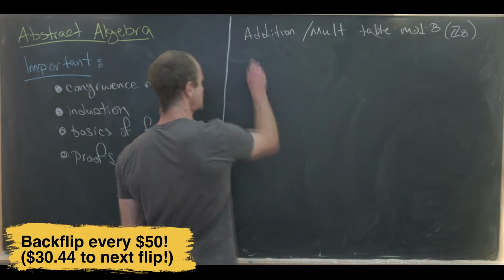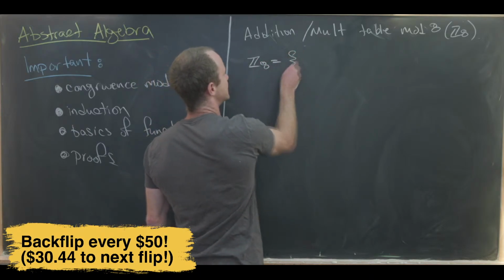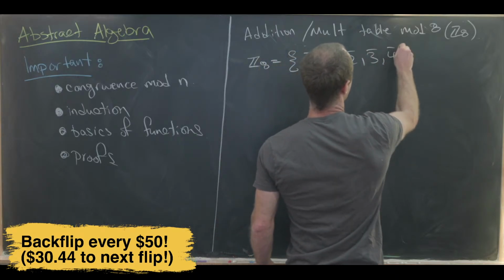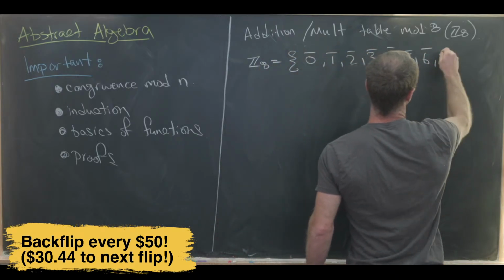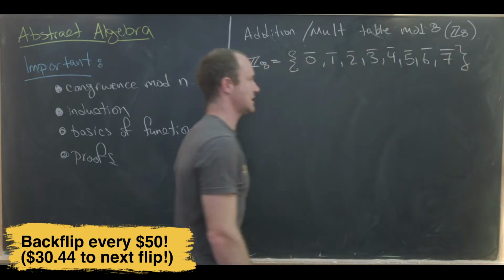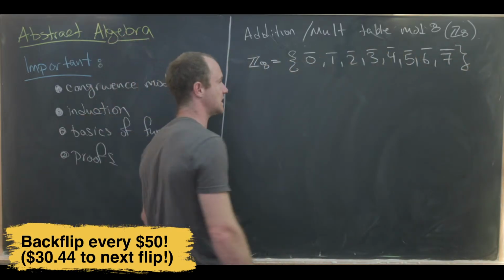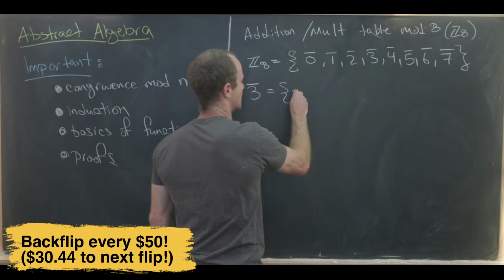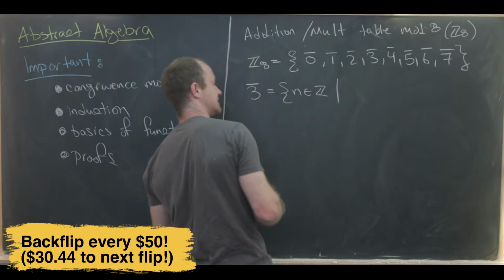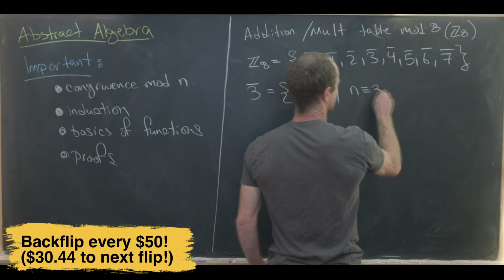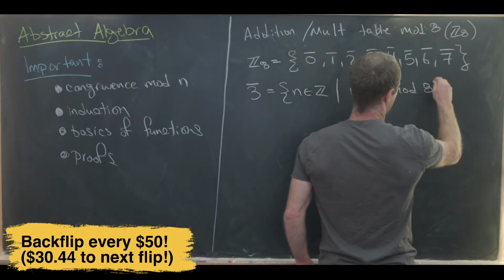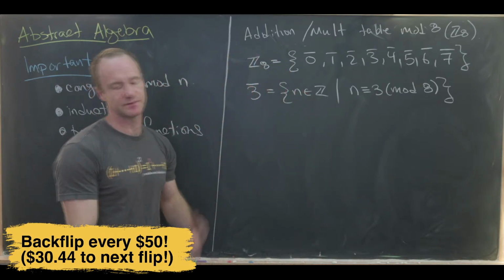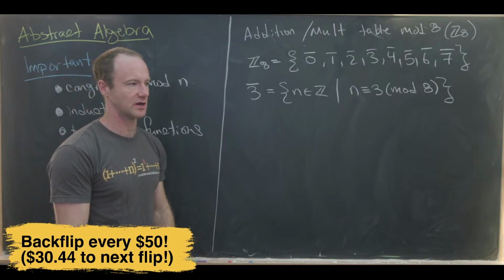They're not that hard. Okay, so let's recall that Z8 is equal to 0, 1, 2, 3, 4, 5, 6, 7. I put bars over all of them because by bar, I really mean the equivalence class. So, for example, 3 bar is going to be all integers n such that n is congruent to 3 modulo 8. This is standard notation for the Z's, but maybe not for an arbitrary equivalence class.